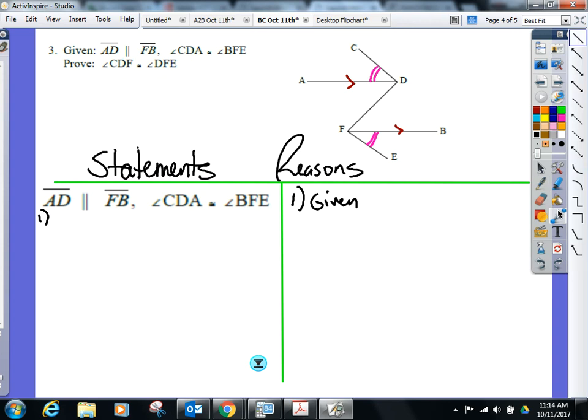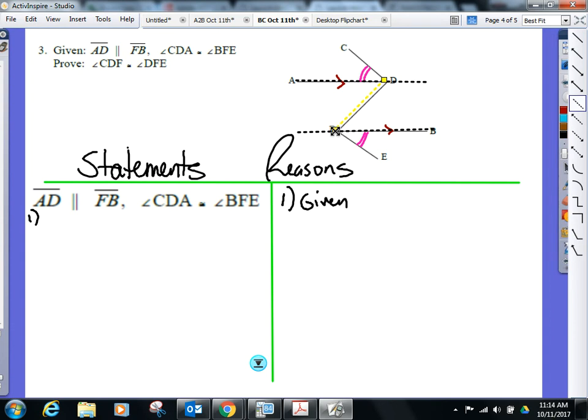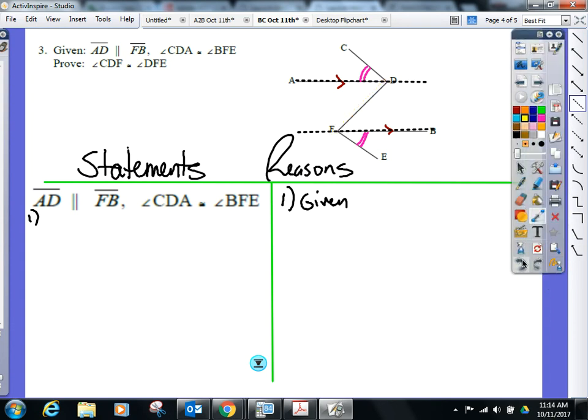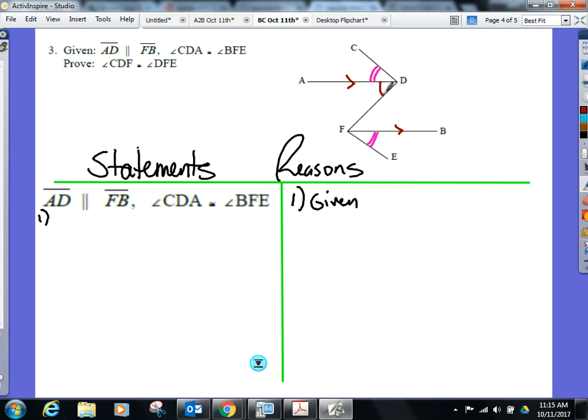Do we see any types of angles up there, guys, that are familiar from yesterday? Here's parallel line AD. Here's parallel line FB, cut by transversal DF. Emma, do you see anything? Which ones? Name them. ADF and DFB.